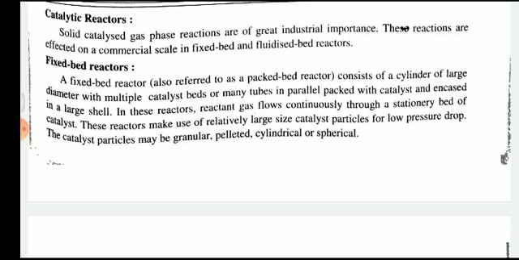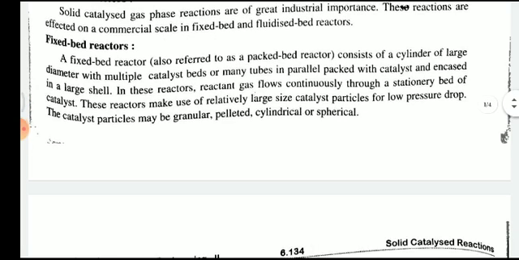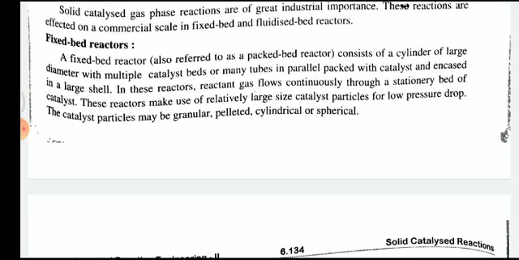It consists of a cylinder of a large diameter with multiple catalyst beds, layer 1, 2, 3. So a number of catalyst beds, or many tubes in parallel packed with catalyst and encased in a large shell.